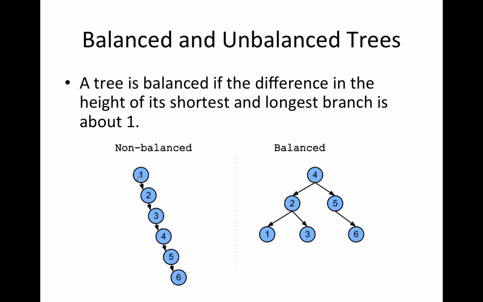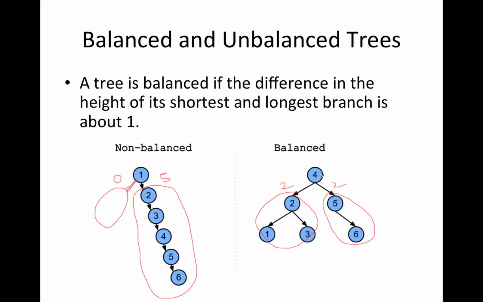For example, here, there is no left branch, so the height of the left subtree is 0, while the height of the right subtree is about 5. So, since there is such a big difference between the left subtree and the right subtree, this tree is called non-balanced. On the other hand, if you look at this tree here, the left subtree is of height 2 while the right subtree is of height 2.